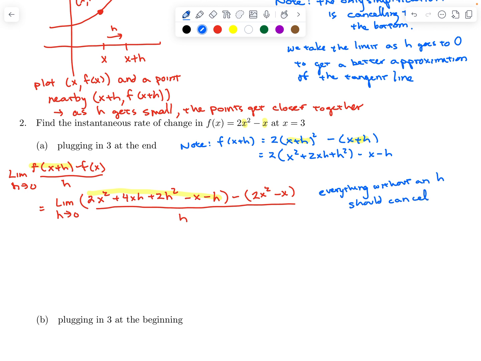Okay, do things cancel? 2x squared with minus 2x squared, and negative x and negative negative x. So that sounds good. And what's left?